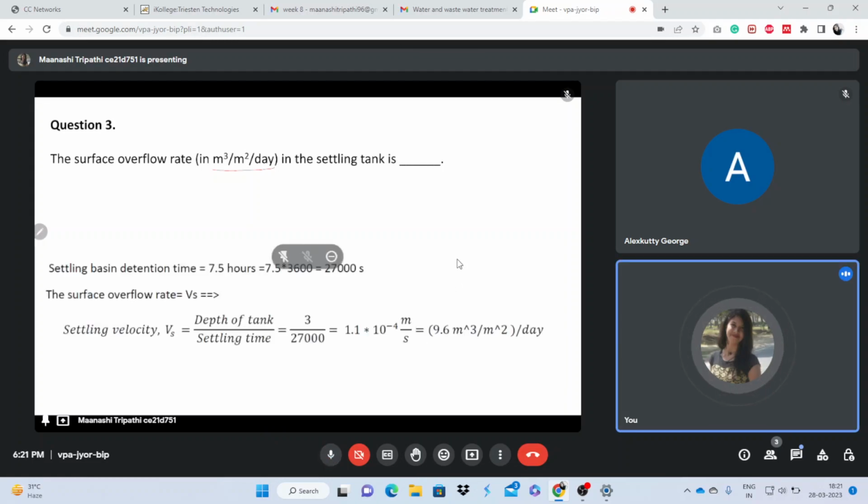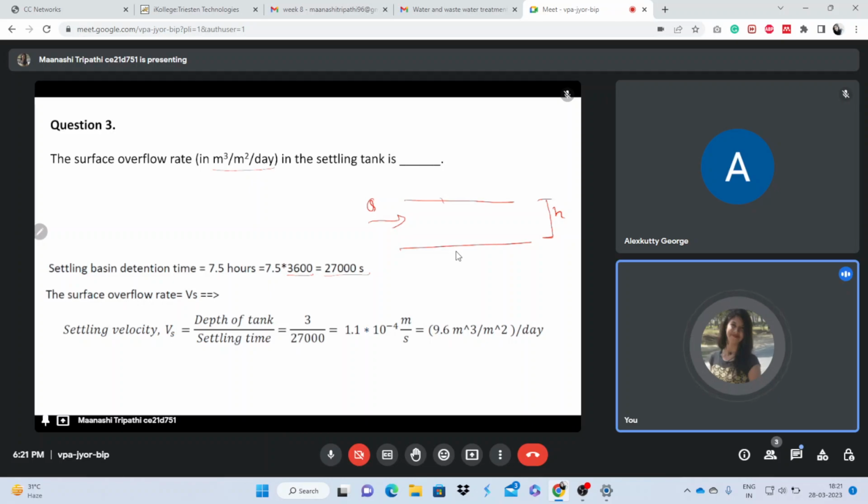So this is the solution to the previous problem. Settling basin detention time is 7.5 hours. We converted it into seconds by multiplying by 3600. The overflow rate we can calculate very easily by depth divided by the settling time. For the horizontal flow, we have the Q coming, and we have the depth.